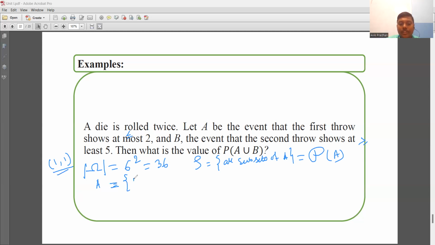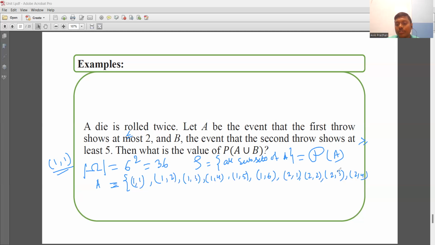Let me write down that thing. The first throw is 1, second could be 1, first 1, second 2. So 1 3, 1 4, 1 5, 1 6, 2 1, 2 2, 2 3, 2 4, 2 5 and 2 6.